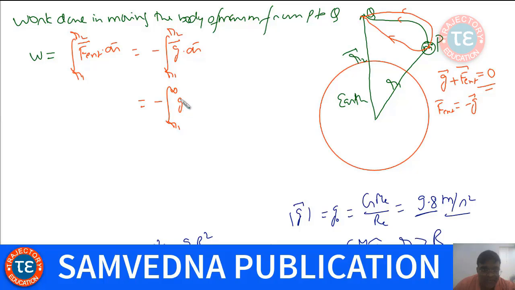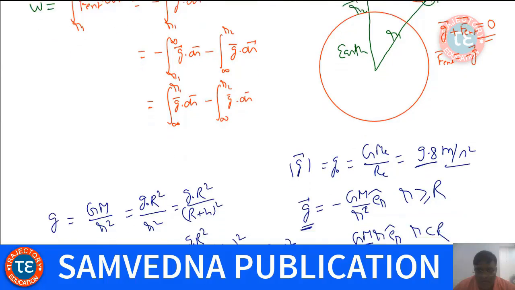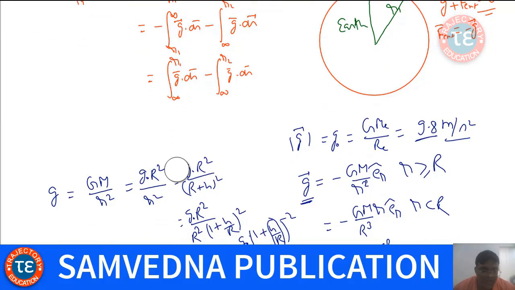I can say this is R1 to infinity and infinity to R2, right? And this can be written as infinity to R1 G dot dr and then infinity to R2 G dot dr. Got your point?